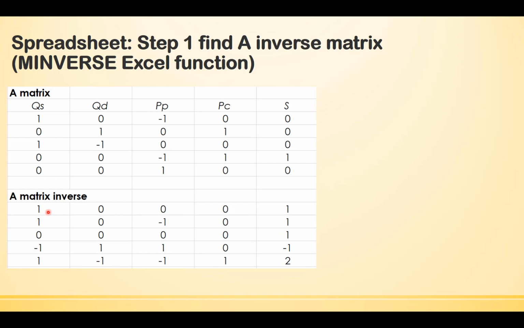Okay, I'm not going to even pretend to tell you the steps involved in getting this. There's no way. It takes too many steps to show you how to do it by hand, but I can tell you a few things. If you ever want to check how it works, you could multiply this matrix times this matrix, and you should end up with a 1 on every diagonal and a 0 everywhere else.